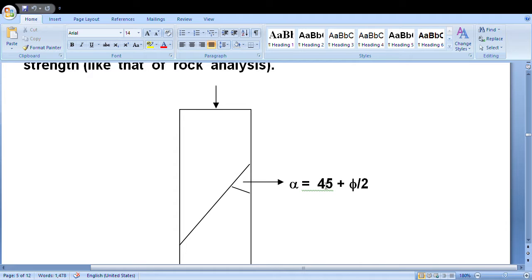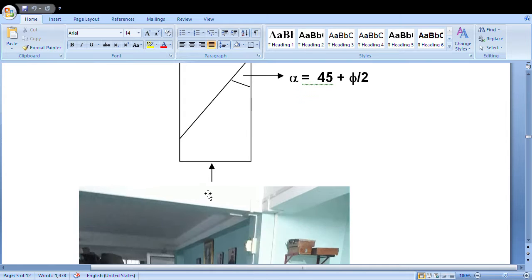Unconfined means here there will be no confining pressure, there will be no confinement. It will be completely open to air. The load will be applied here. Resistance will be equal, resistance will be here. That is the base of the test specimen.